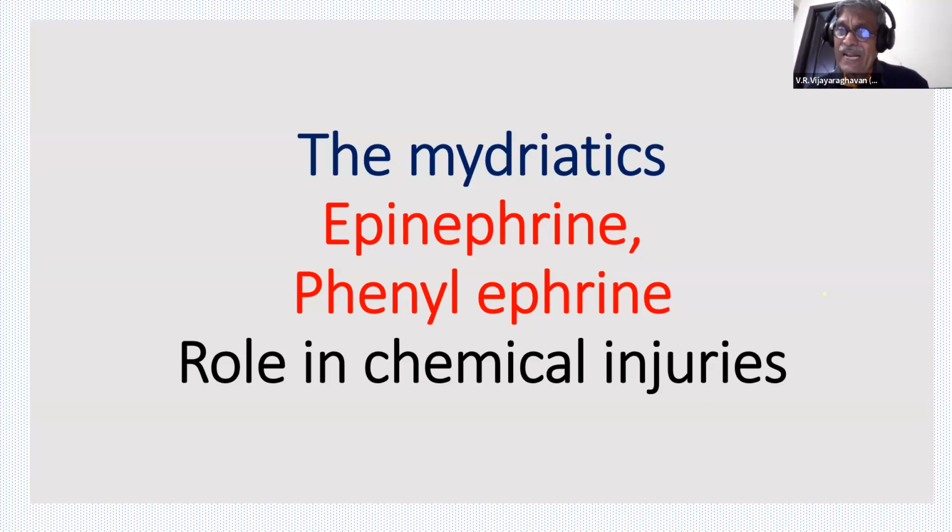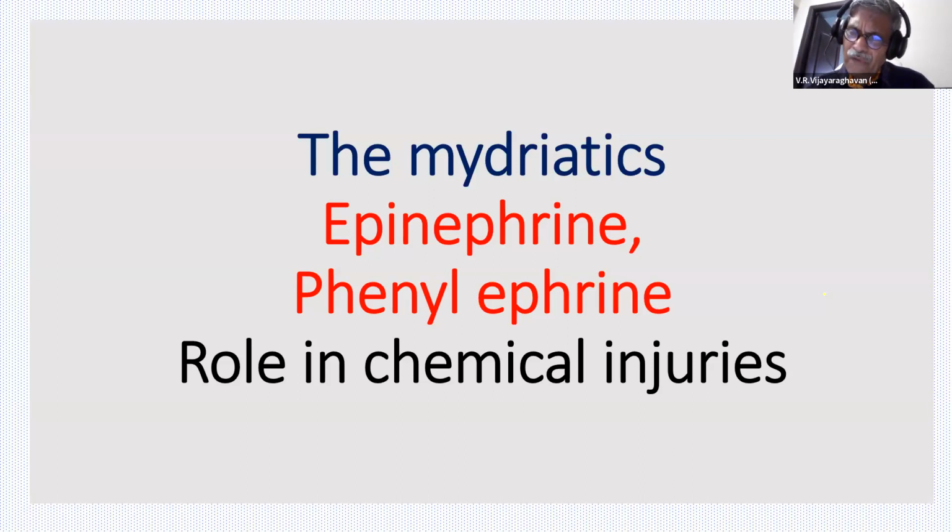But now I apply phenylephrine on top of it for a mydriatic purpose. It can produce vasoconstriction in the remaining three quarters also, and the entire 360-degree ischemia takes place. The cornea suffers. That's why phenylephrine and epinephrine are contraindicated in chemical injuries. Never, never, never.